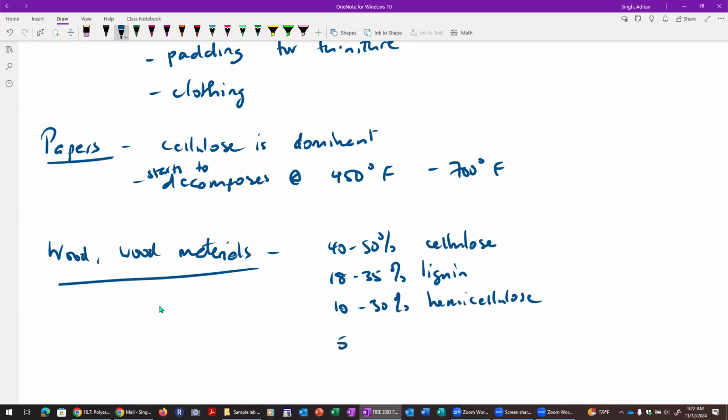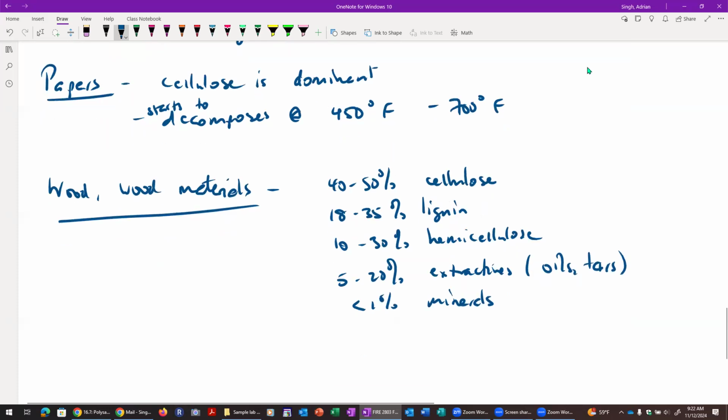There's about 5 to about 20% of extractives, as they're referred to. So these are things like oils, tars, etc. And then there's a small percentage, less than 1%, of things like minerals. It's just some other components that make up the remaining part of the wood.